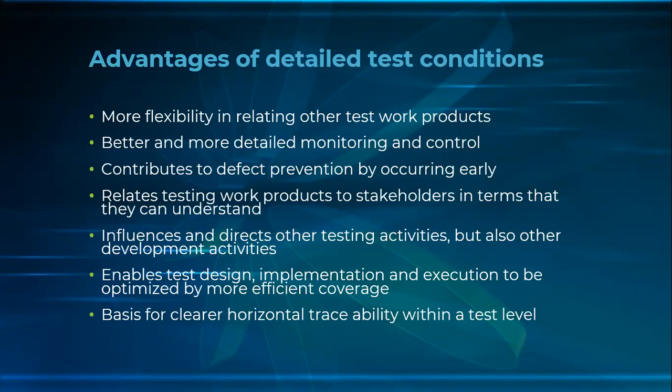Basis for clearer horizontal traceability. So you have taken login. In that login, you can see all the steps, the combinations that you want to put together. It is easier for you to trace them horizontally. In the login, this is the first step we have tested, valid, valid.